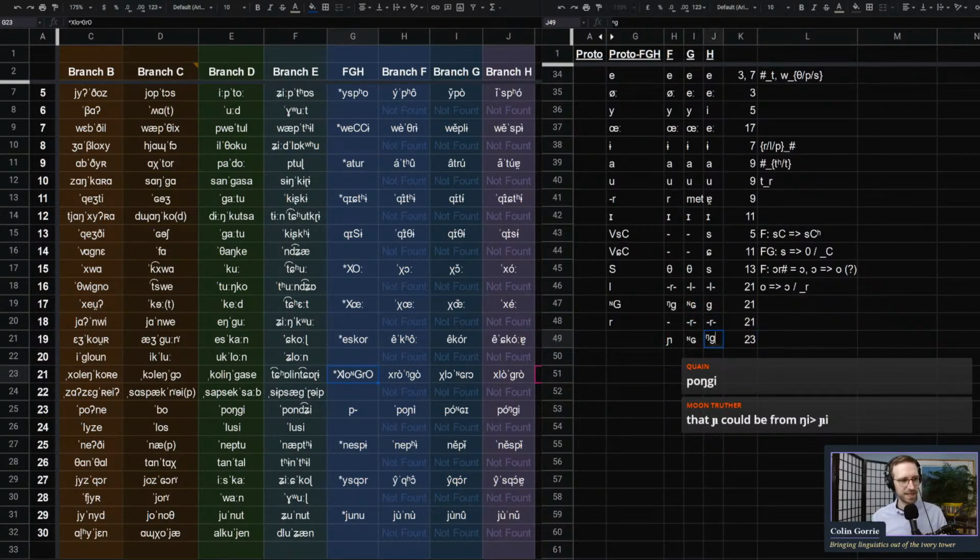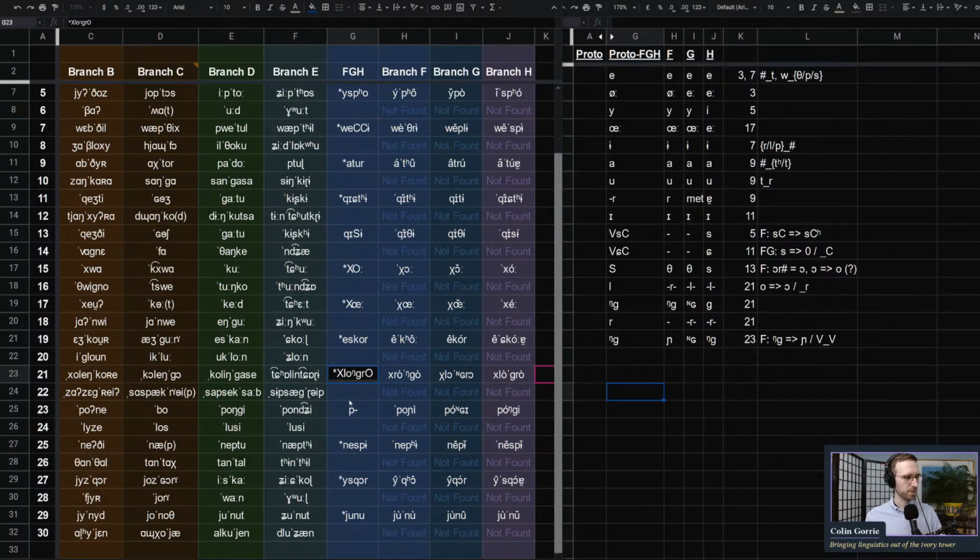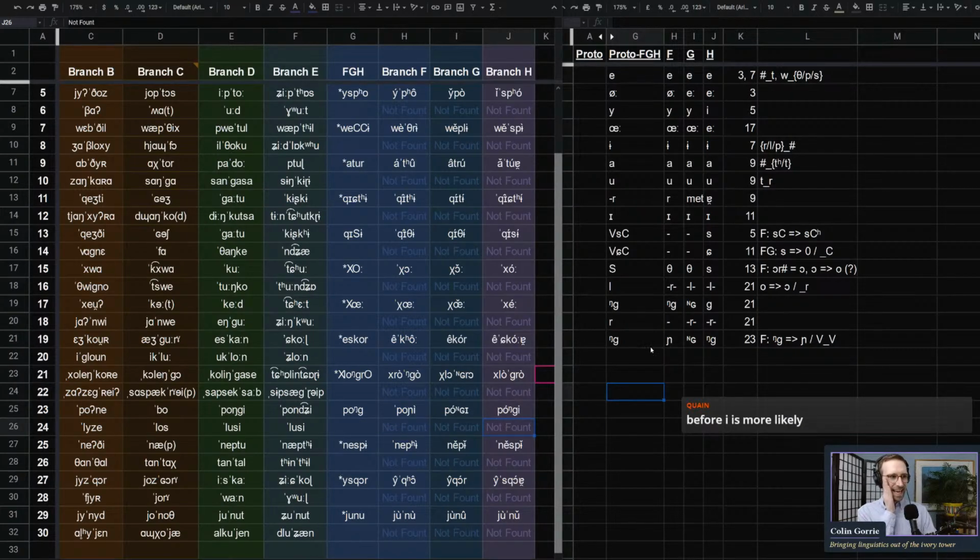So basically this is our original, and then it goes to a palatal nasal in F, but only when it's intervocalic. Yeah, I think that makes sense. All right. I'm happy with that. And so then we get pong. And then we have an E or an I.